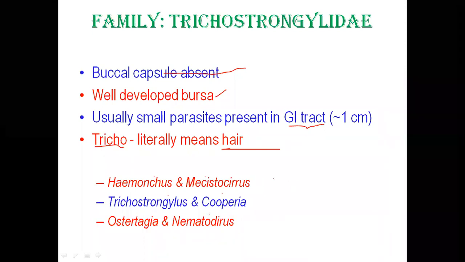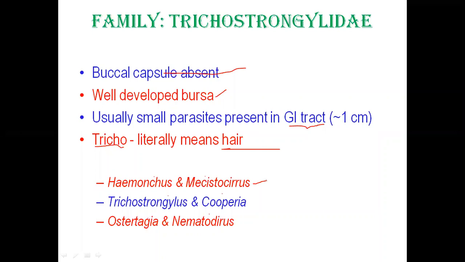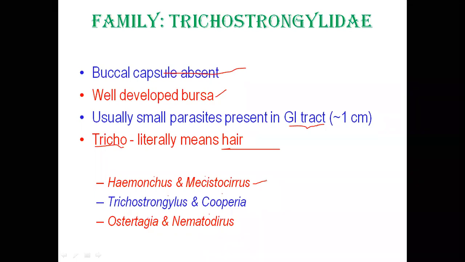We will focus in today's class on Haemonchus contortus and Mecistocirrus, which, even though in the general characteristic the buccal capsule is absent, have a small buccal capsule, and they are bloodsuckers.